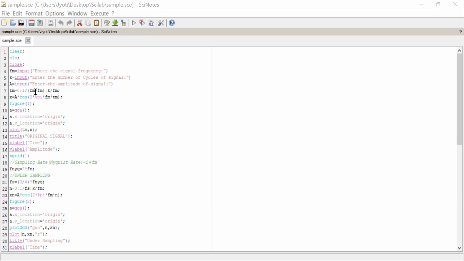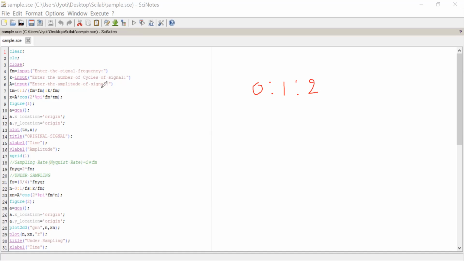It will execute this. For example, if I write 0:1:2, it is the same as this. The starting value of the time axis is 0, the ending value is 2, in steps of 1. That means you will get 3 samples: 0, 1 and 2.